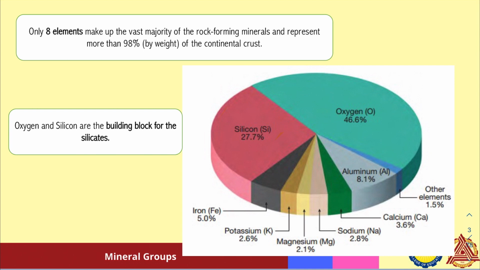Now, generally, by composition, if you look at the pie graph, to be very specific, the distribution that you are seeing here is the relative abundance in the continental crust, class. As you know, oxygen is the most abundant in the continental crust. It's followed by silicon, then aluminum, then iron, then sodium, potassium, magnesium, and calcium.